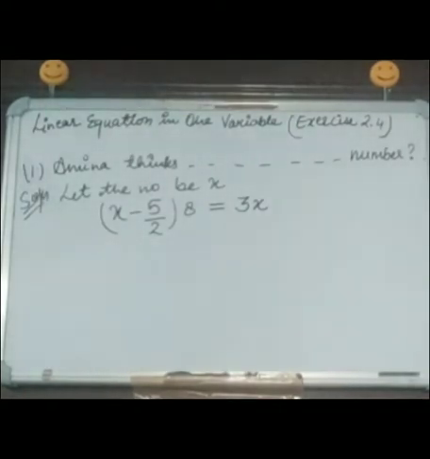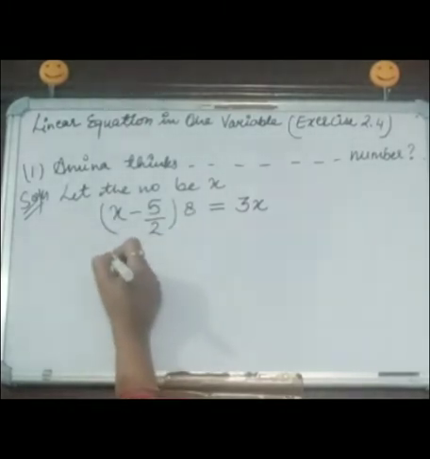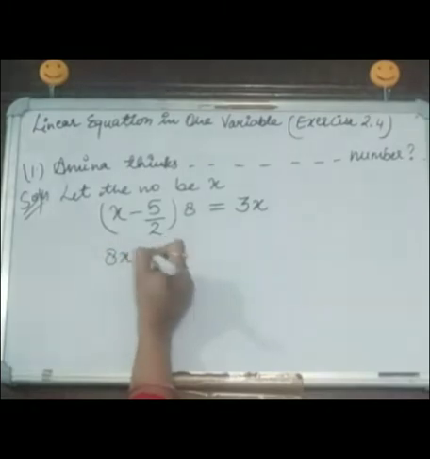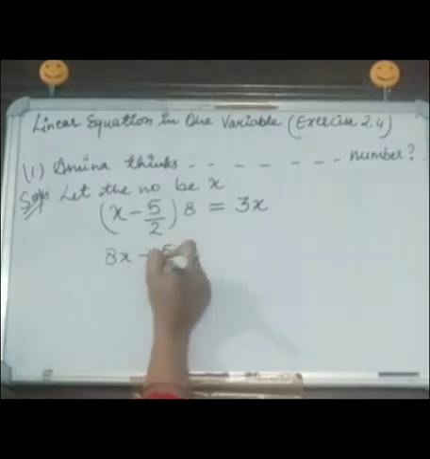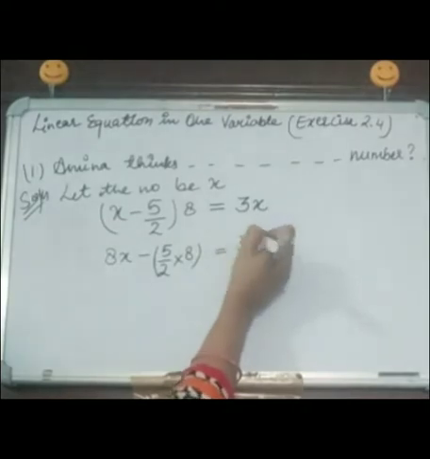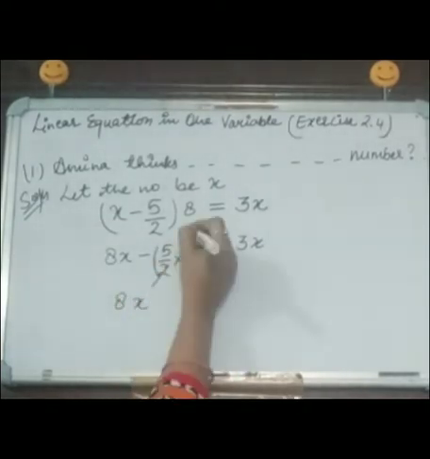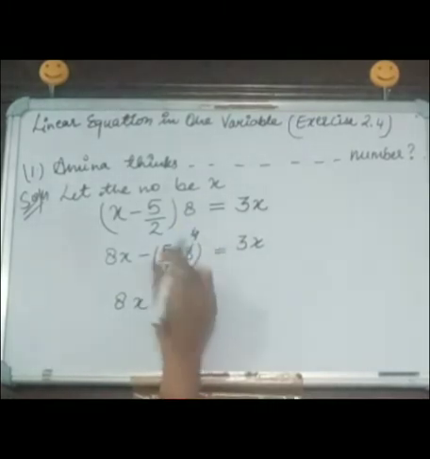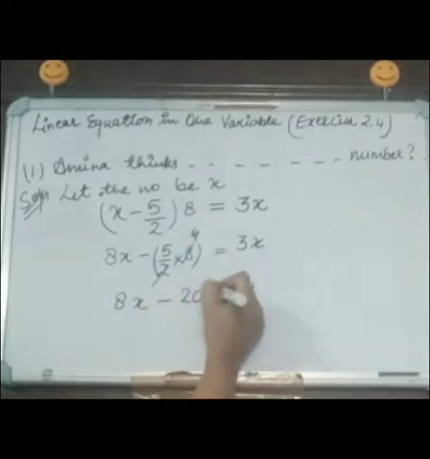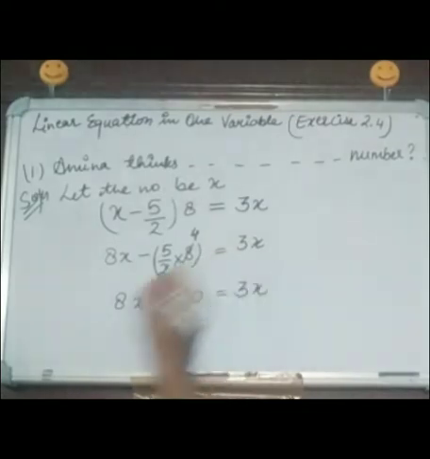Got it? Now what we will do here is distribute this 8 with both. So I can write 8x minus 5 by 2 into 8 is equal to 3x. So 2 4s are 8. So this is 8x minus 5 4s are 20 is equal to 3x.